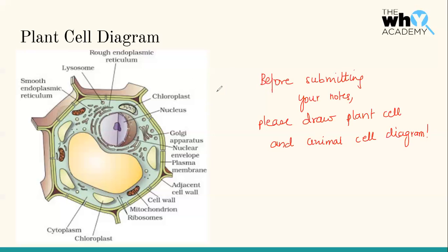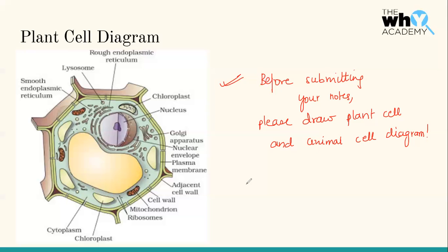Okay, then submit. It's very important from this chapter. You can draw whichever you are comfortable with. It's not necessary you have to draw the one here or the one in the textbook only. This is the same as the textbook one. So even if you find a simple diagram online if you Google, draw any one.